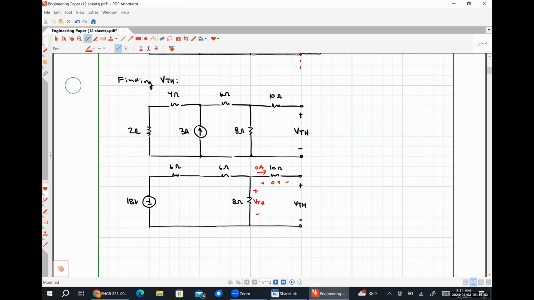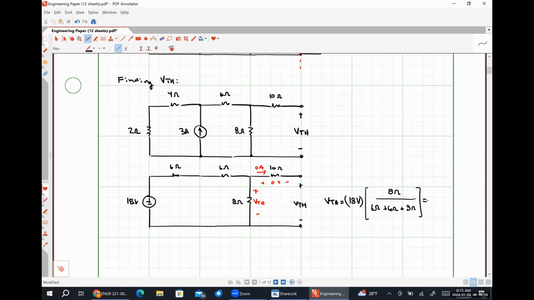So what would be the easiest way to find the voltage drop across the 8 ohm resistor for this particular circuit? Voltage division, thank you. So we could see that VTH is going to be 18 volts times 8 ohms over 6 ohms plus 6 ohms plus 8 ohms.